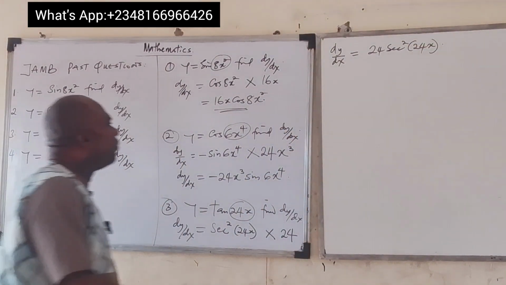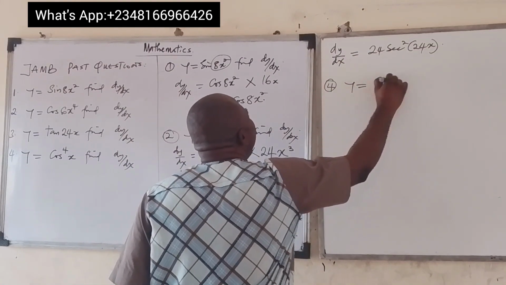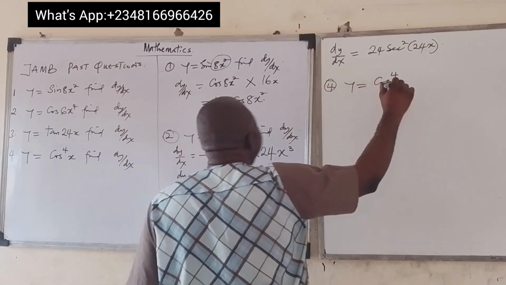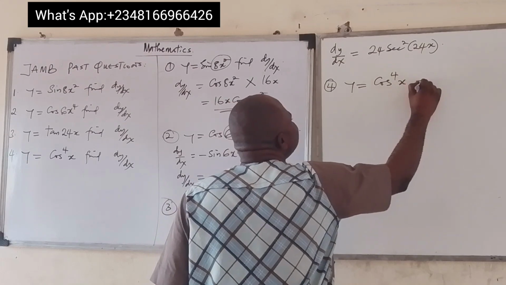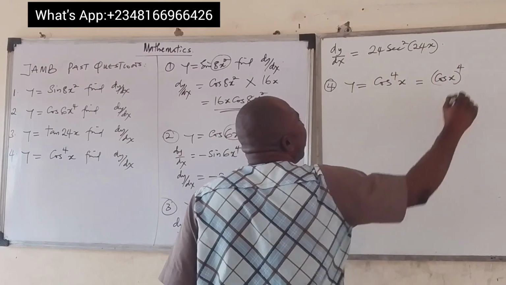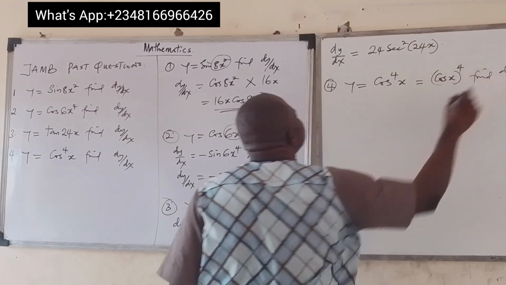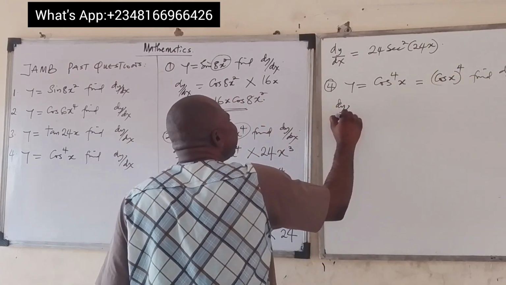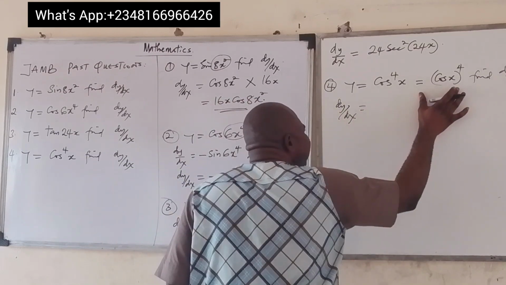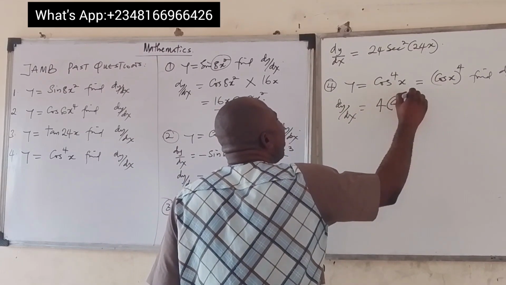Now let's look at question number 4. We have y is equal to cos power 4 x, and this is the same as saying cos x all raised to the power of 4. Here we are asked to find dy/dx. To get dy/dx, you differentiate this. That will be 4, then here we have cos x raised to the power of 3.